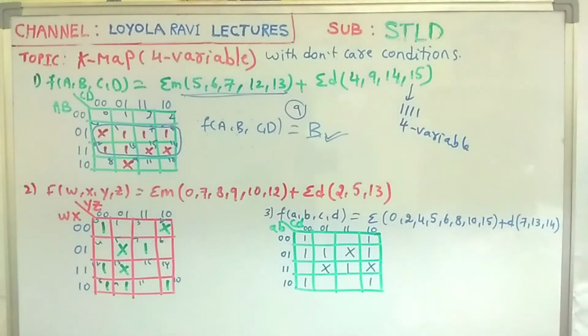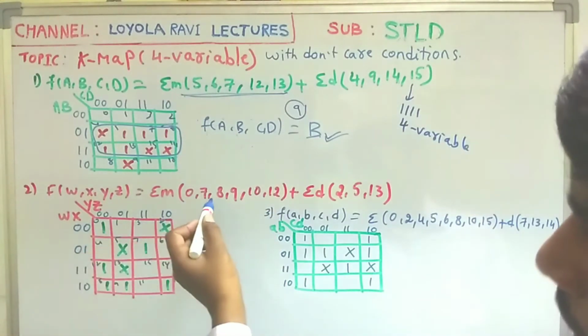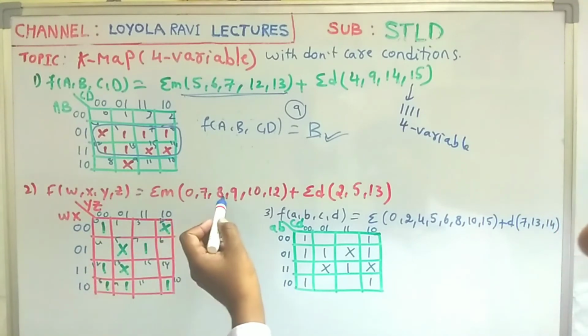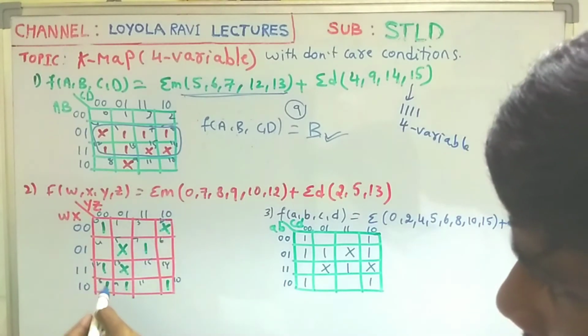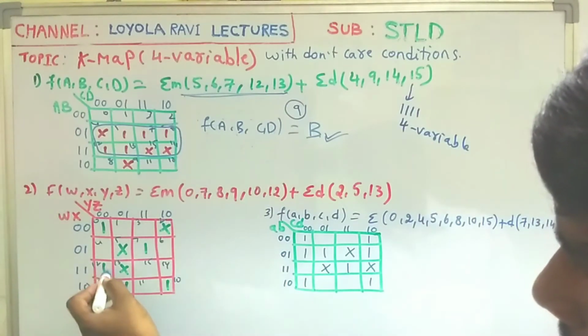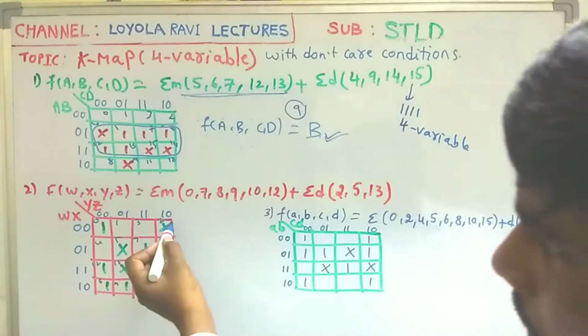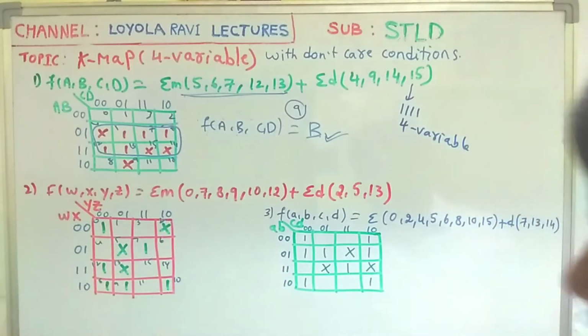If you are perfect at that, no need to take those positions again. Then 0, 7, 8, 9: I am placing ones at 0 and 7, 8, 9, then 10 and 12. Then 2, 5, 13 are don't cares.